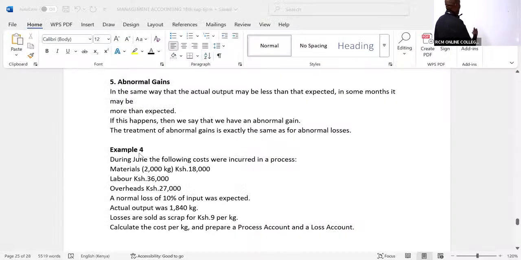So we do a throughput account. The throughput account is a material movement account.